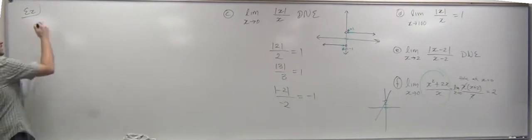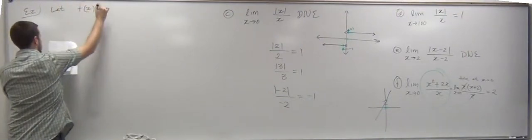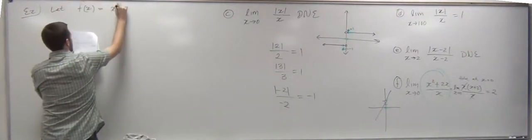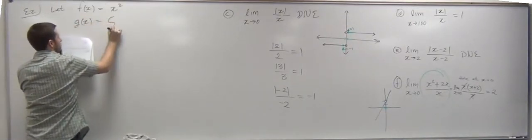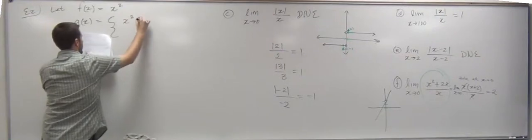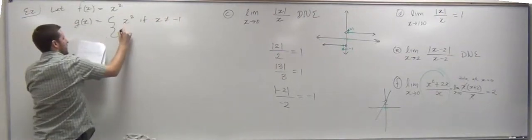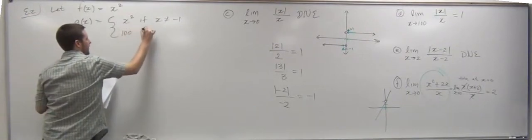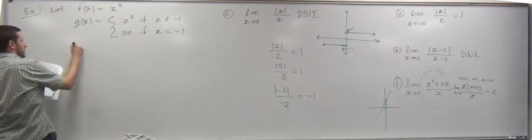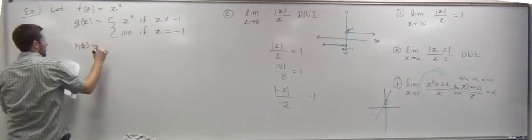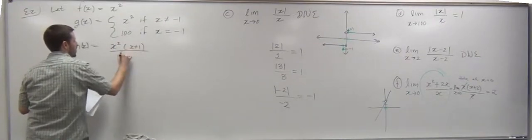I'm going to give you f of x equals x squared, g of x equals x squared if x is not equal to -1, and 100 if x equals -1. And I'm going to give you h of x equals x squared times x plus 1 over x plus 1.